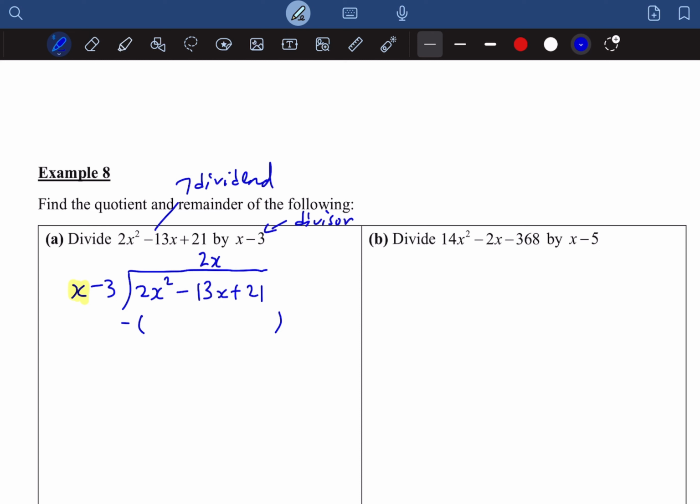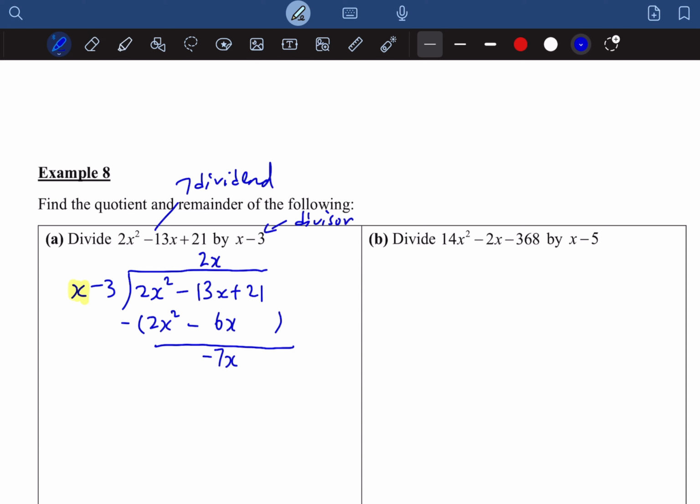So 2x times x, I have 2x squared. Then 2x times minus 3, I have negative 6x. So 2x squared minus 2x squared is 0, and negative 13x minus negative 6x becomes negative 13x plus 6x. I'll have negative 7x.